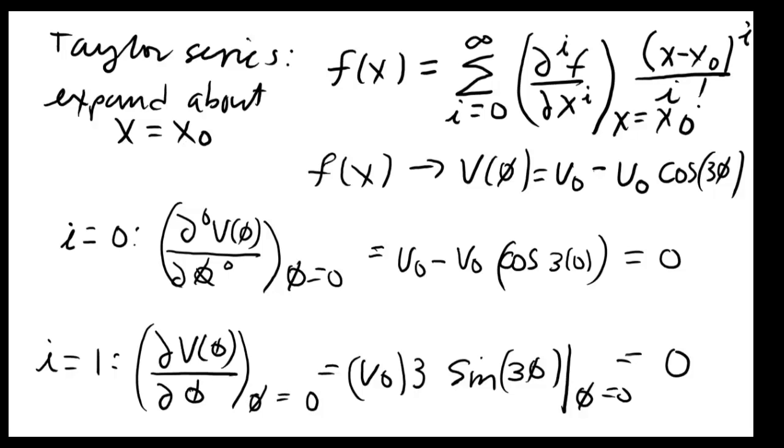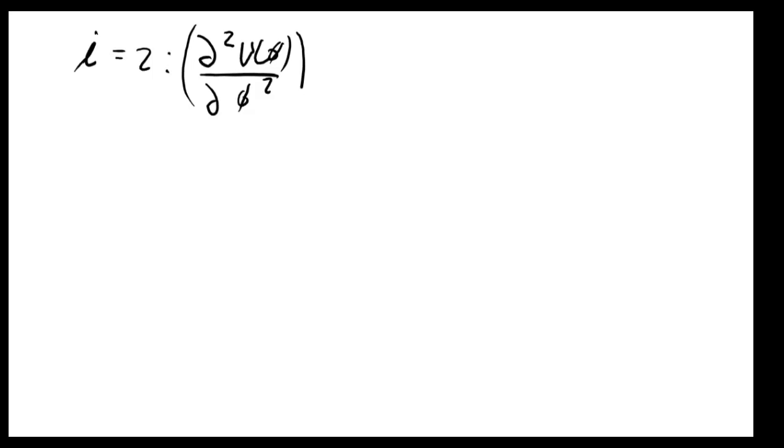Well, let's do the third term. That would be the i equals 2 term. That means take the second derivative of our potential V of phi with respect to phi and evaluate that derivative at phi equals 0. All right, we take the second derivative.